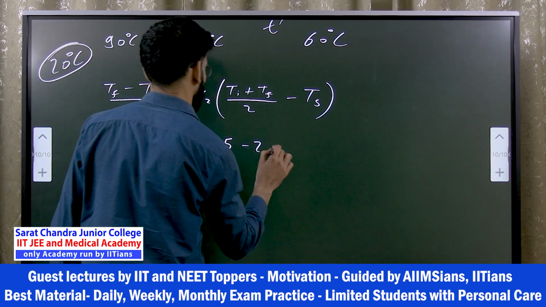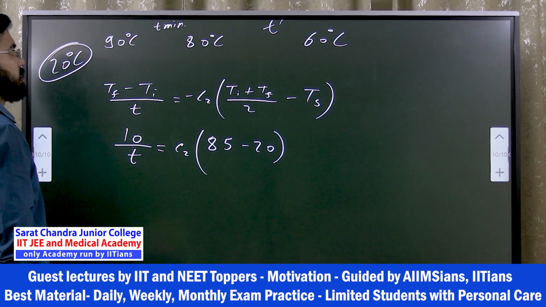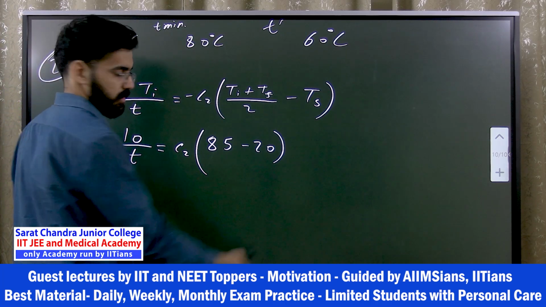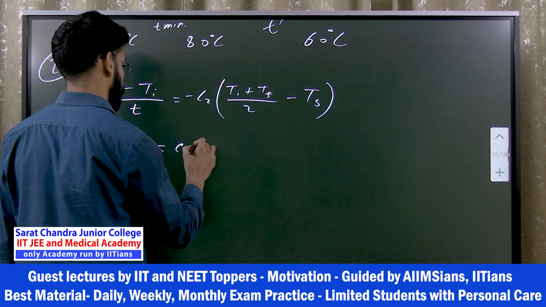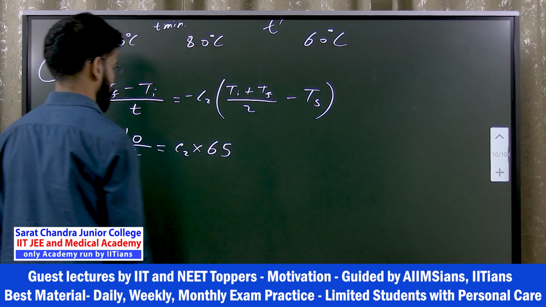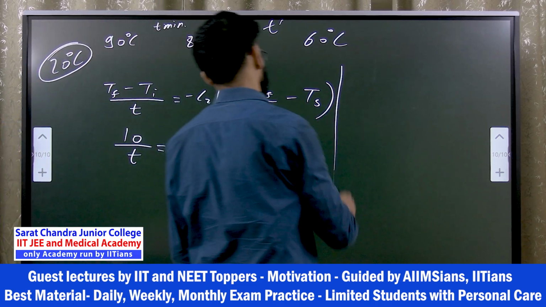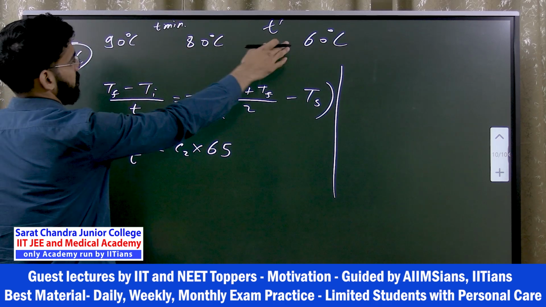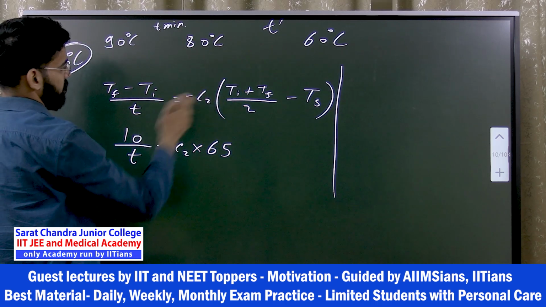85 minus the outside temperature 20. So that's what came. 85 minus 20, 65. Write it down, 65. Let's keep it this way, and then write the second equation here. Second, we are saying 80 to 60, right? So minus 20, the minus will get cancelled out.